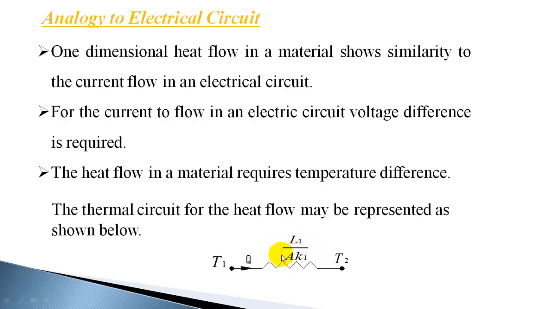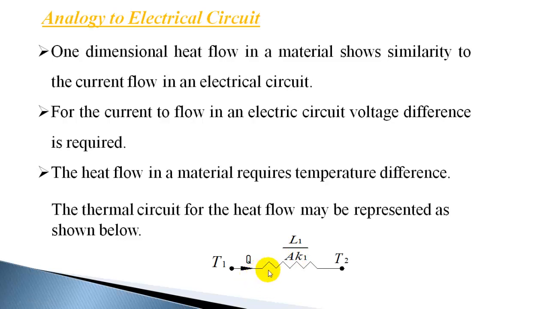L by Ak can be considered as thermal resistance for the material. Similar to electrical resistance, L by Ak is thermal resistance. So temperature difference divided by thermal resistance will give the heat flow in the circuit.